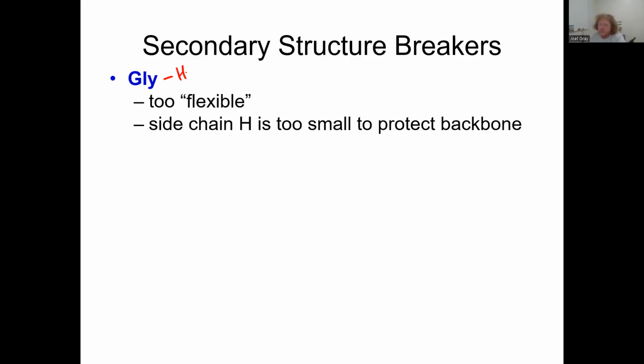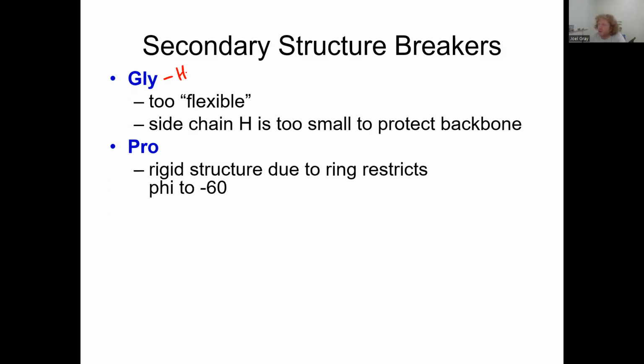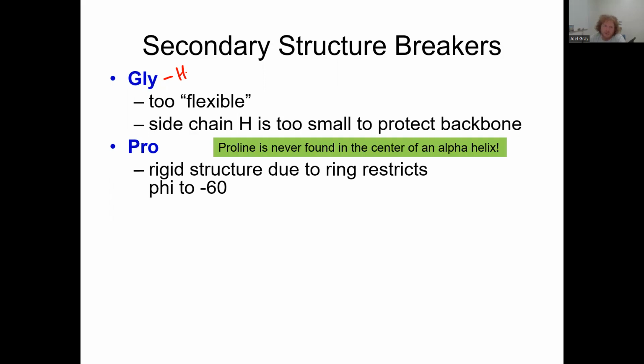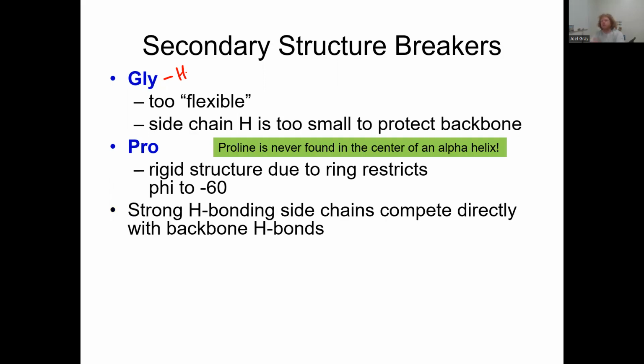The side chain hydrogen is too small to protect any sort of backbone, so it's going to disrupt any sort of backbone formation. Proline has the opposite problem of glycine. Proline is extremely rigid, and it restricts the phi angles to -60. So proline is never found in the center of an alpha helix. It will disrupt an alpha helix. Those two amino acids, glycine and proline, capture opposite ends of the spectrum and equally present problems.